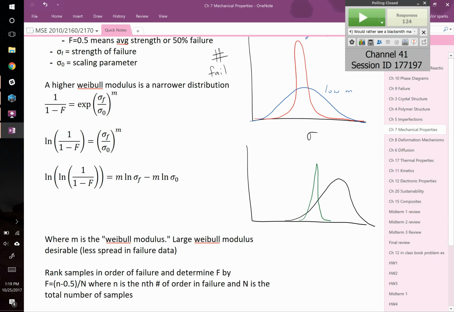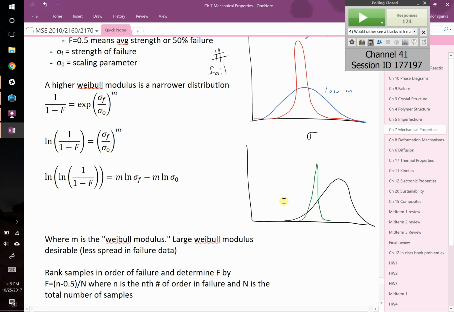If you just care about the average, then you definitely use the one that has a higher average strength. But if you're trying to answer the question, I can only have 1 in 1 million fail, you could imagine that it might be better to use the green one, because the failure probability of your black one extends further out in this direction. Does that make sense?